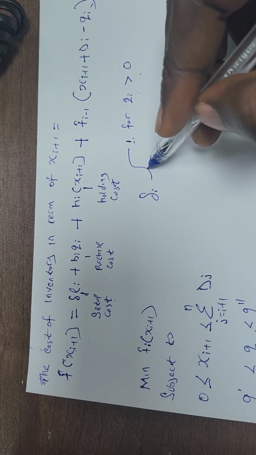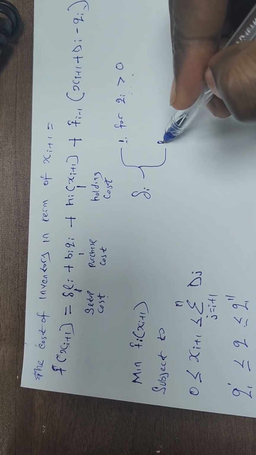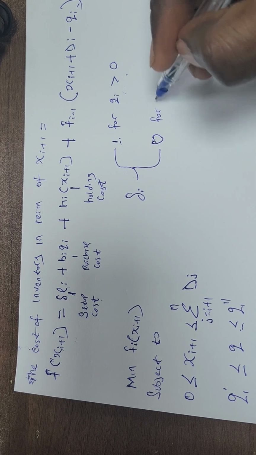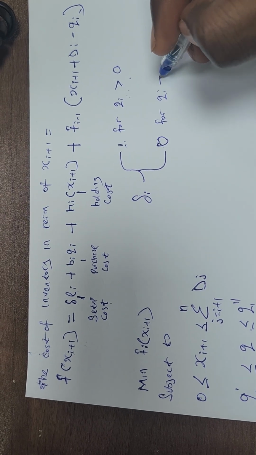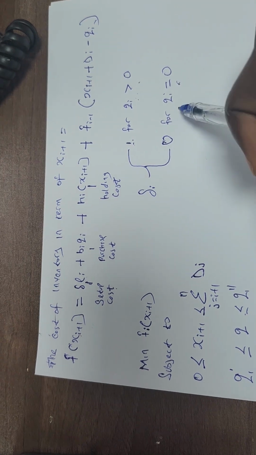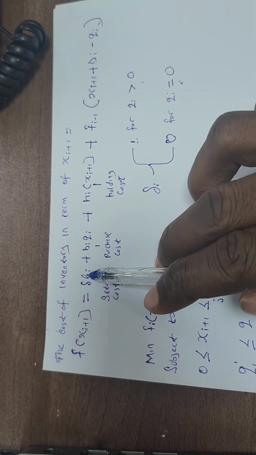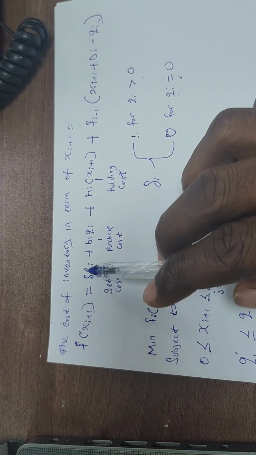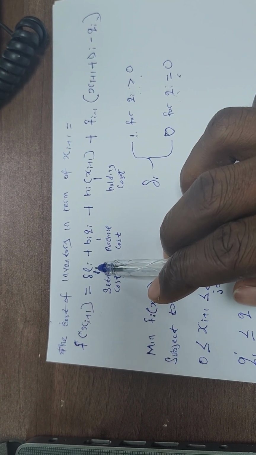But if it is 0, then our q of i will be equal to 0. Do you understand why this one is 0 and why it won't be 0? When this condition is met, we need to factor it in accordingly.